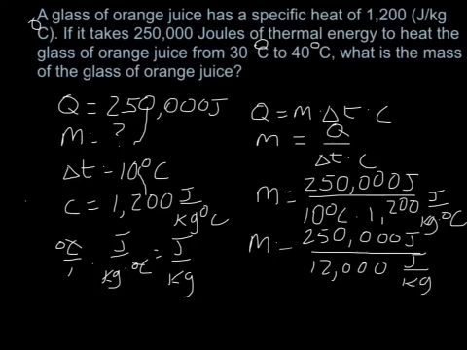And then 250,000 joules divided by 12,000 is about 20.833 kilograms. The reason we got kilograms is because mass is measured in kilograms.